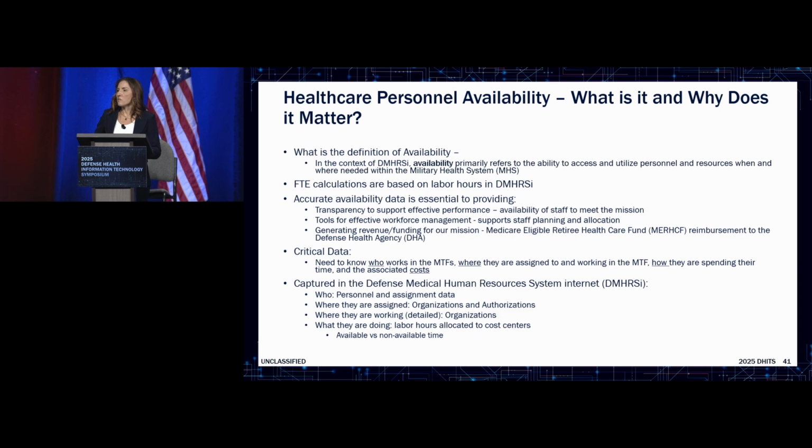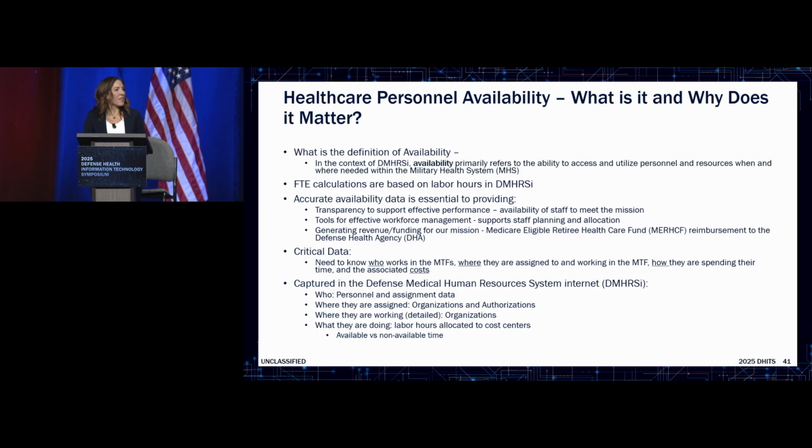And so in terms of availability, just recently we concluded our third cycle of the Human Capital Distribution Plan, which is a collaborative process between the DHA and the military departments to do that projection on what we expect our workforce to be in the coming year in our MTFs, and to understand the gaps that we're going to experience where we might not have enough availability of that workforce to do some of that care for our patients.